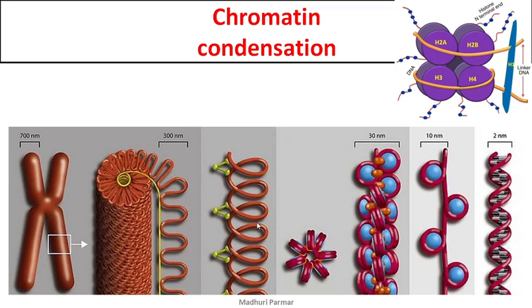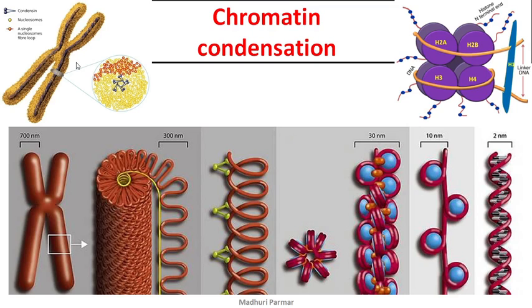This helical shape is maintained by some other scaffolding proteins, for example condensin, that you find here in the chromosome. Can you see this middle portion on which more and more DNA can be arranged?